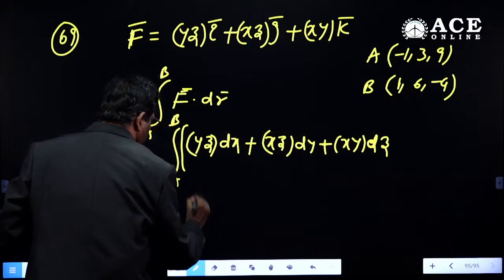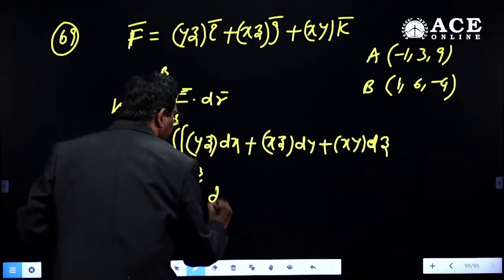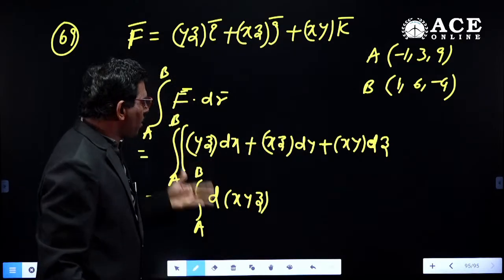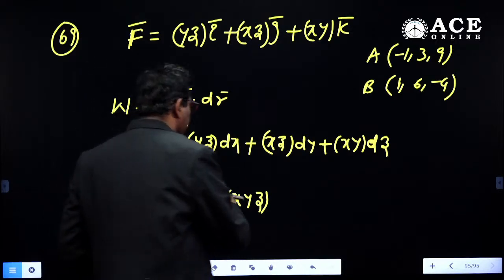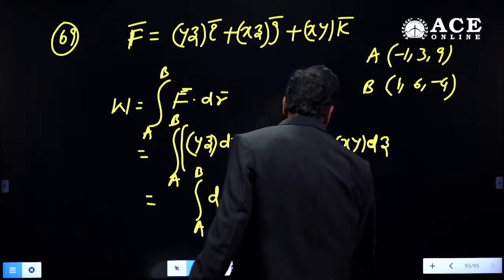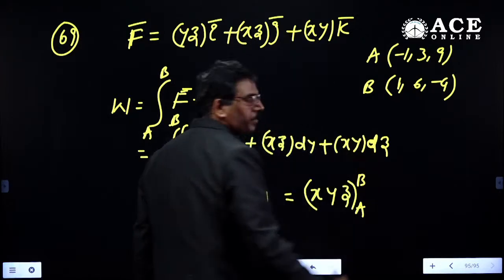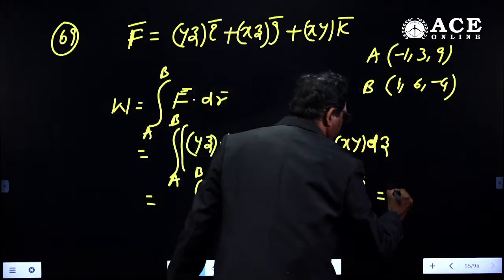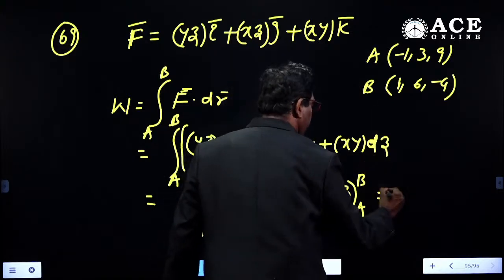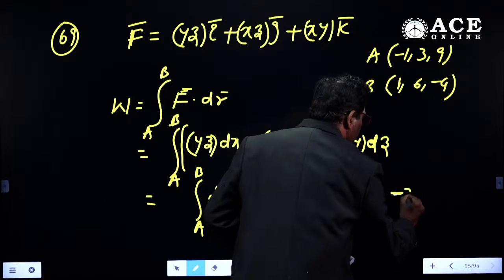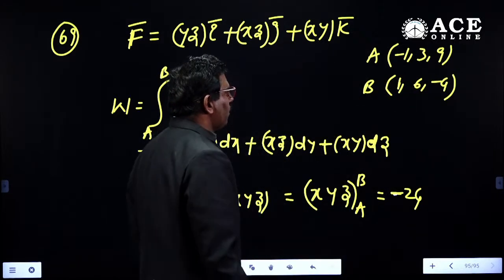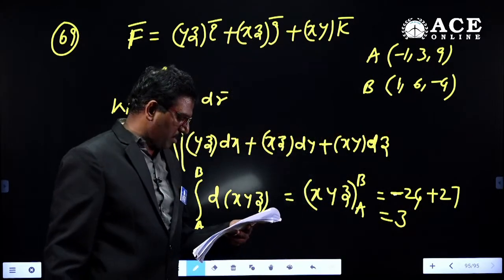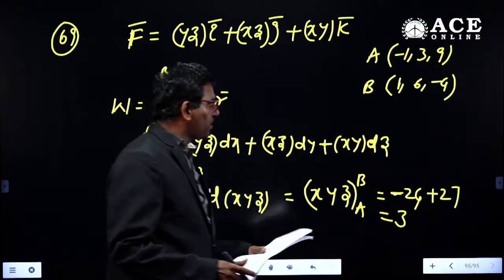This is nothing but the integral from A to B of d of xyz. The integration of the derivative of xyz is simply xyz, lower limit A, upper limit B. Apply the upper limit and lower limit: upper limit is minus 24, that is 6 into minus 4, and the lower limit is minus of minus 27, so plus 27. So 3 is the answer. Option A is correct. Are you clear?